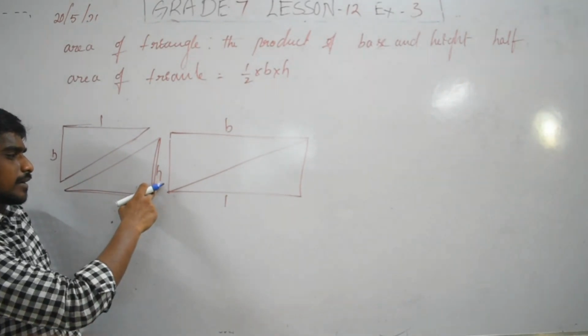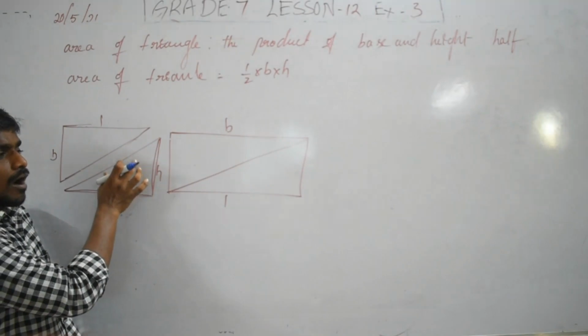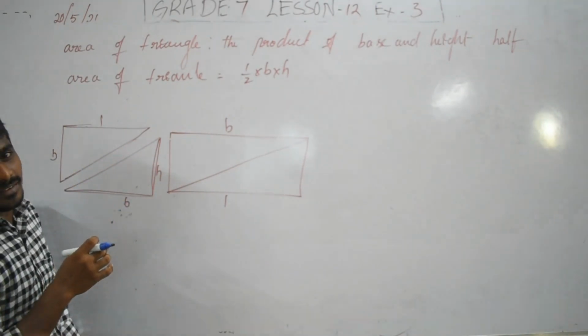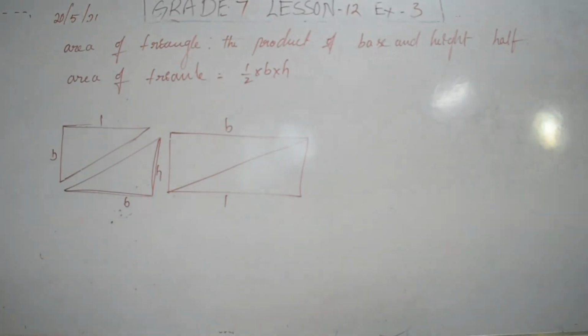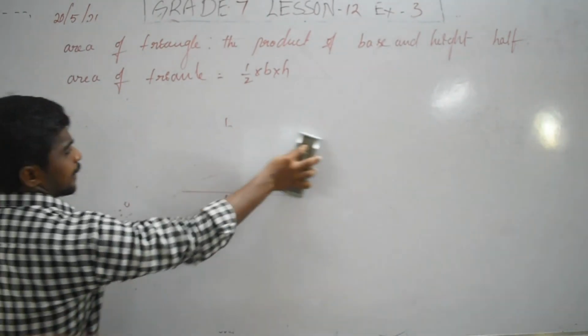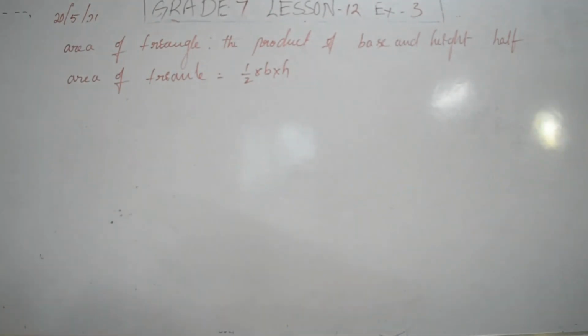These two are multiplied. So how much is this one? Half part of the rectangle. That is the area of the triangle. So area of the triangle is half cross base cross height. Using this formula we will see some example problems.